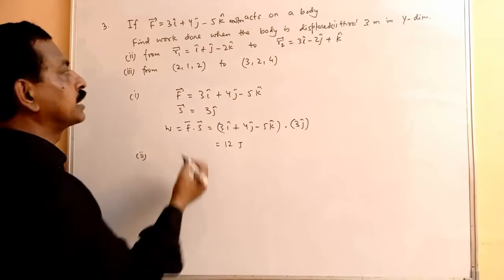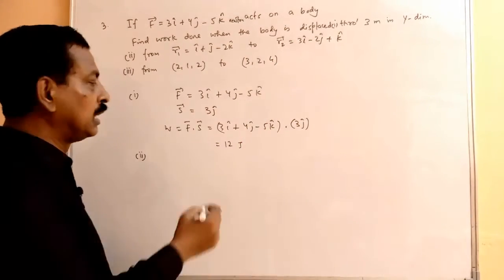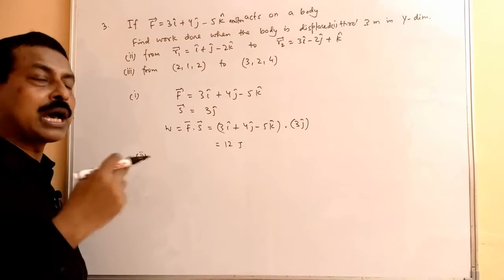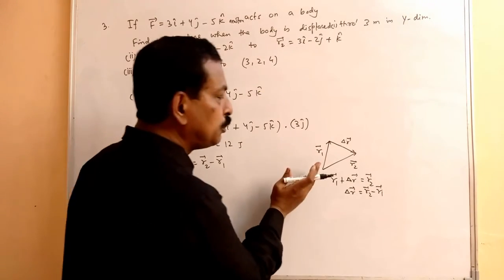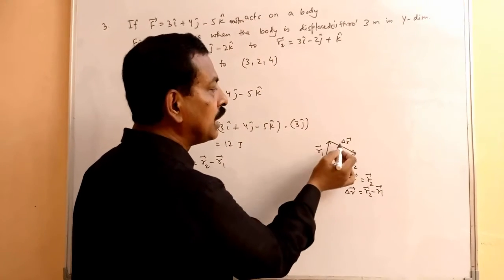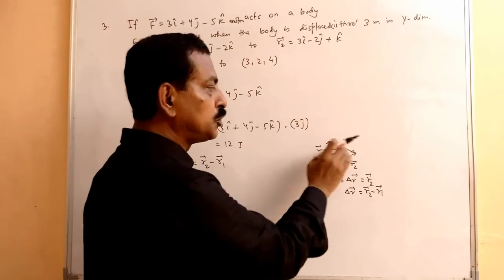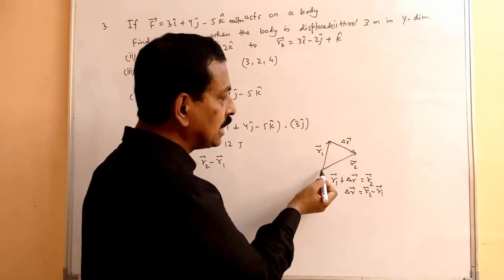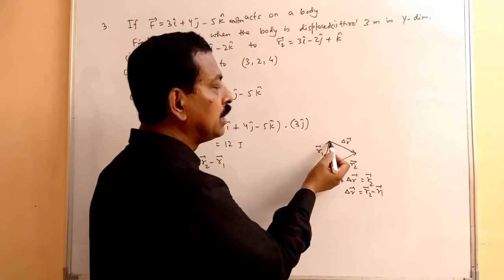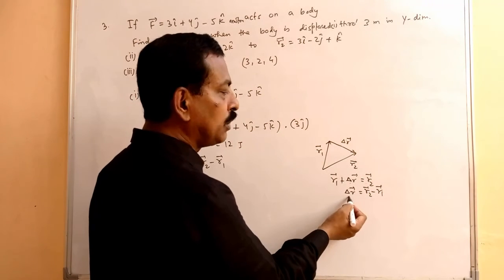Second, let's take. It is being displaced from R1 to R2. If you represent that as R1 vector, this is R2, delta R is the displacement when it is moving from R1 to R2. So using the triangle law of vector addition, you have R1 plus delta R equals R2. So delta R will be how much?